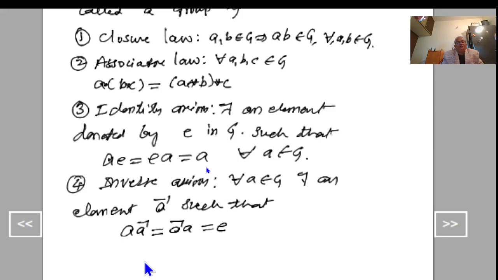Therefore, the inverse of A is minus A, because A plus minus A equal to minus A plus A is equal to 0, the identity element.